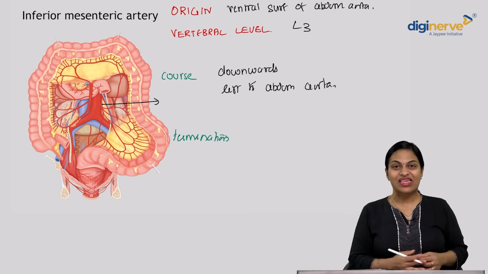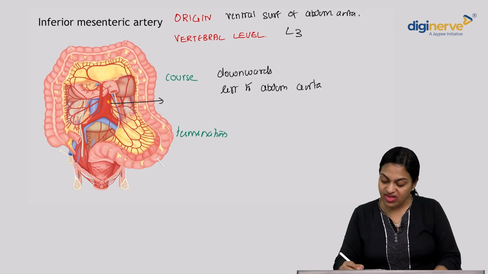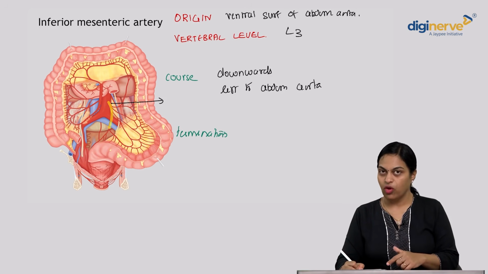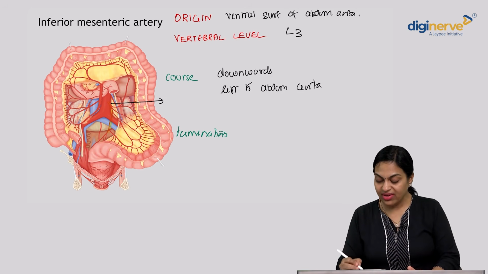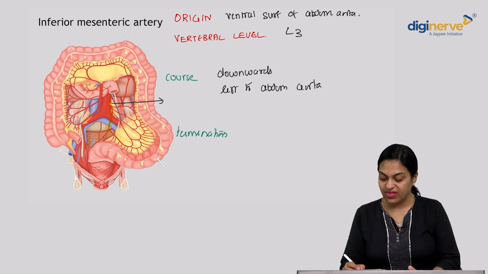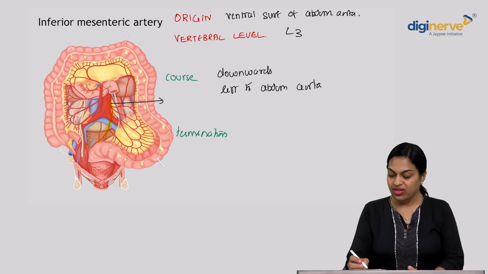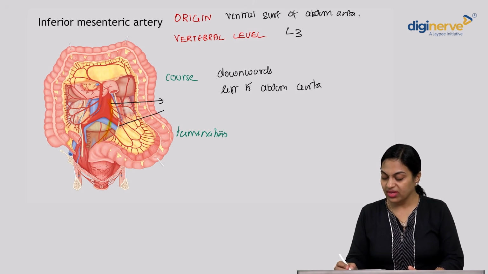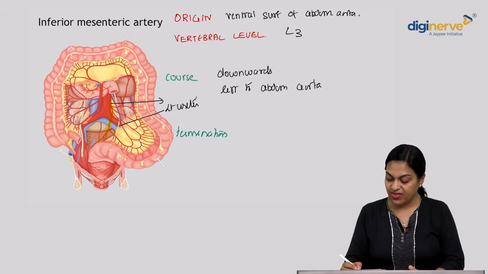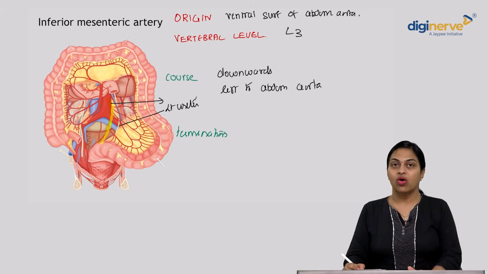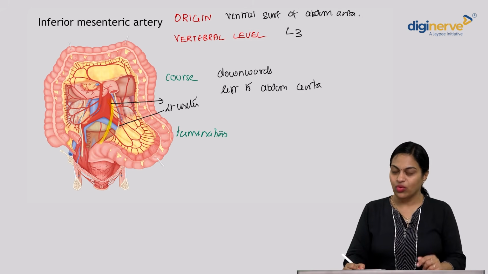Its termination is interesting. This inferior mesenteric artery runs to the left of the abdominal aorta. It enters the lesser pelvis by crossing the left common iliac artery. This is the left ureter, and the artery enters the lesser pelvis crossing the left common iliac artery, medial to the left ureter.